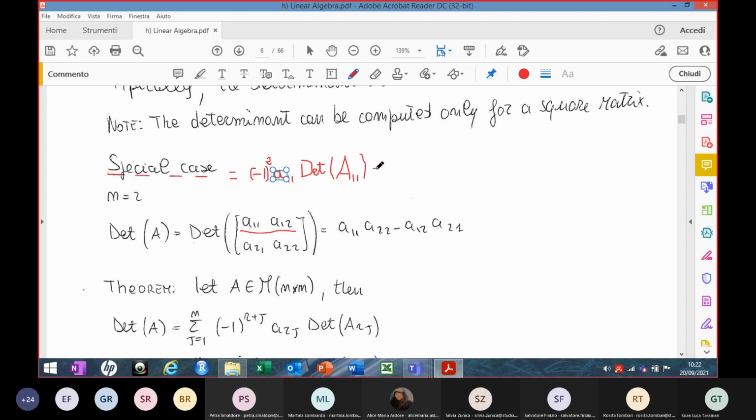Simply following it. Plus, you have to go to what? Move along the first row. Now go to this element, which is element 1, 2. So plus -1 raised to the power 1 plus 2, which is 3, times what? The element A12 times what? The determinant of the matrix you get by deleting what? The first row and the second column. First row and second column. So determinant of A12, capital A12.